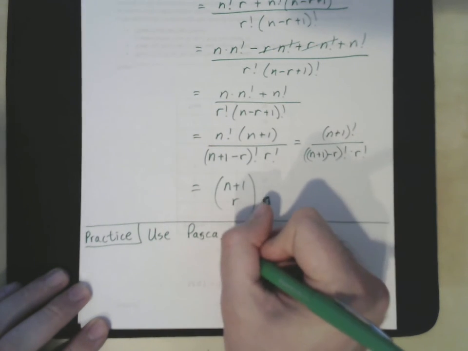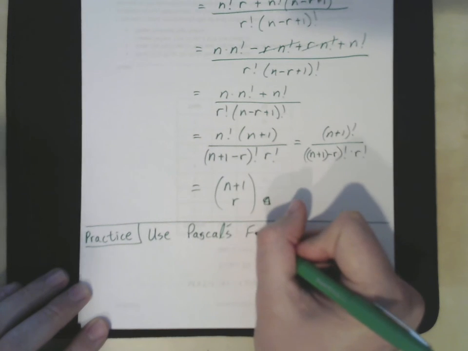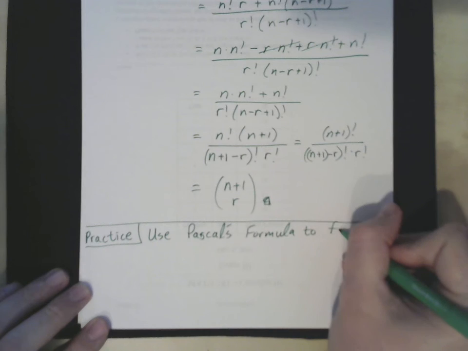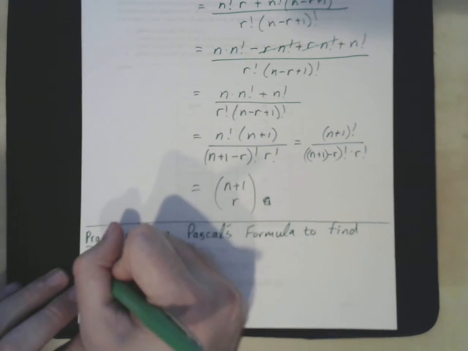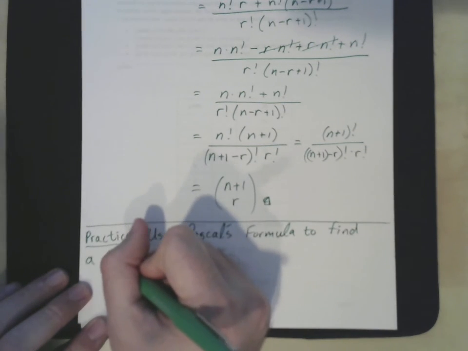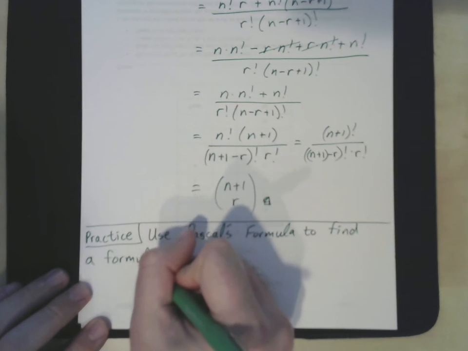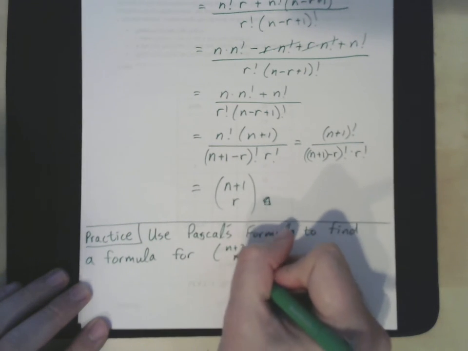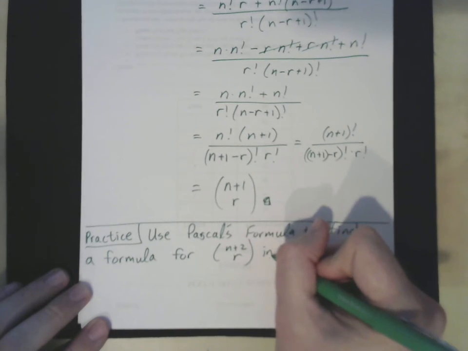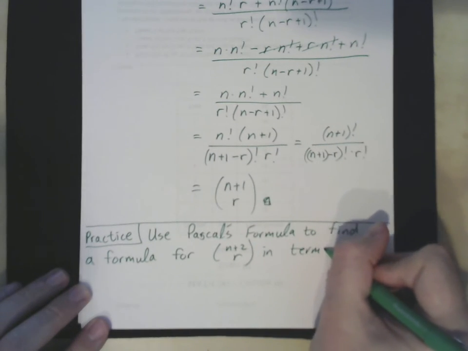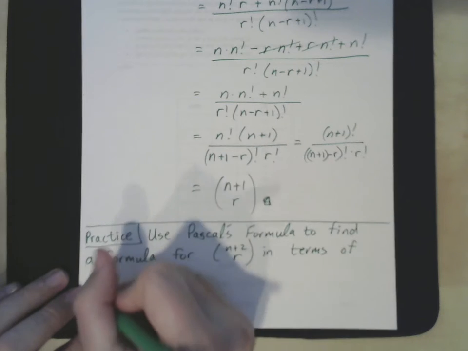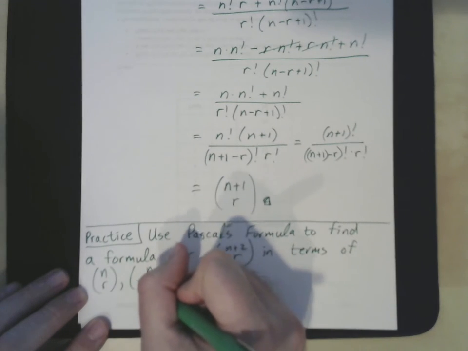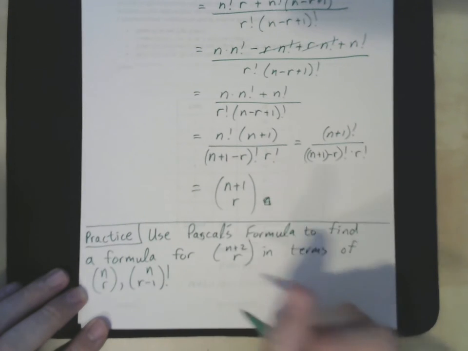Pascal's formula to find a new formula for n plus 2 choose r in terms of n choose r, n choose r minus 1.